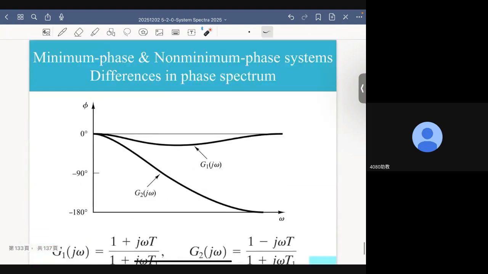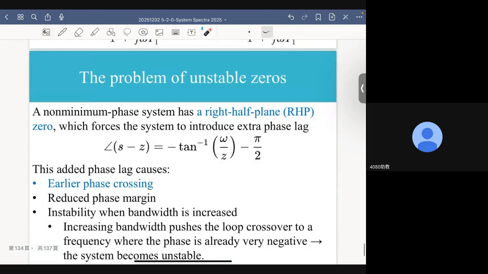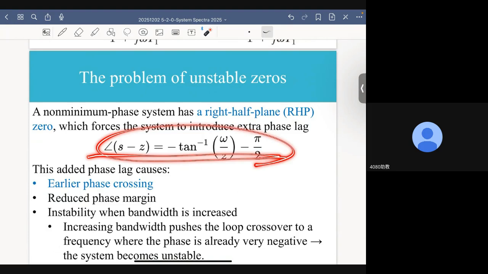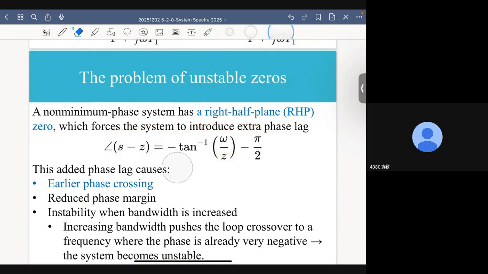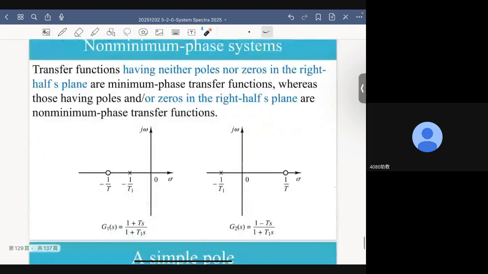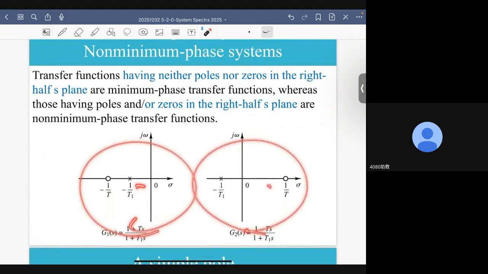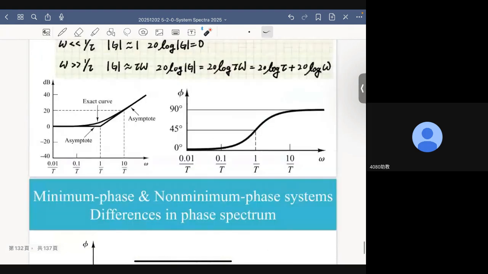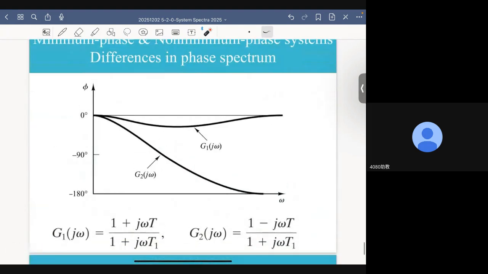All right, but if what we are dealing with is an unstable zero, then this phase response, as you can see, is all negative. For example, let's compare the phase response of these two systems, which have the same poles and similar zero locations, but one has a stable zero, the other an unstable zero.